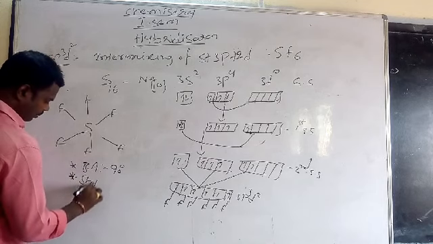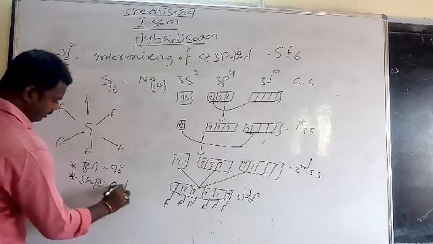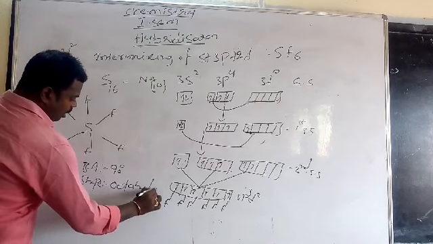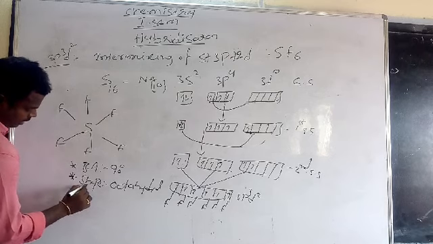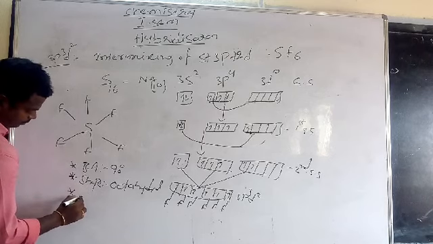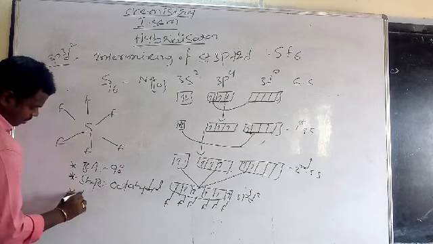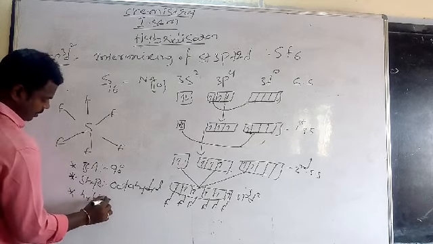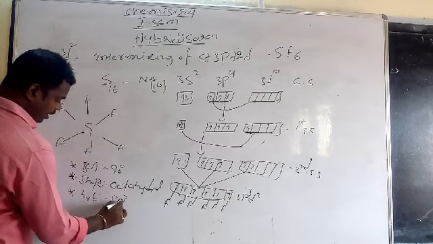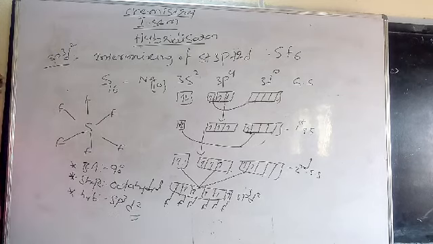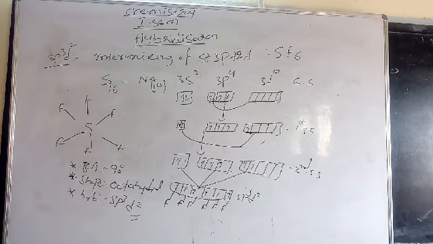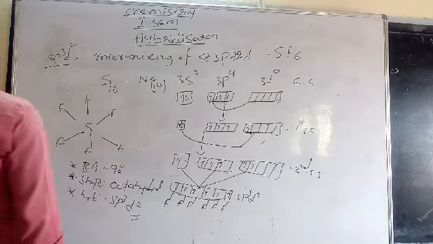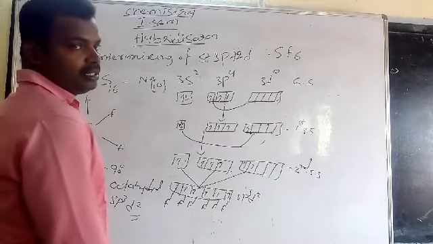The shape of the molecule is octahedral. The hybridization of this molecule is sp3d2 hybridization. Example of sp3d2 hybridization is the SF6 molecule.